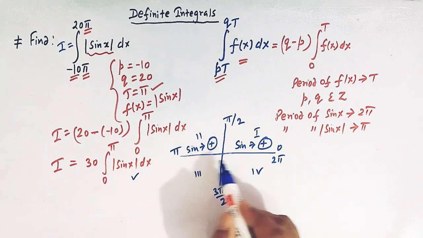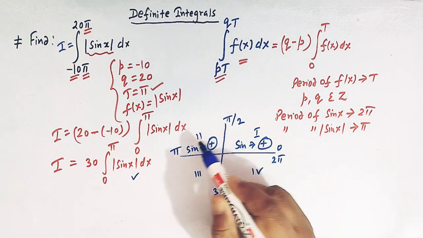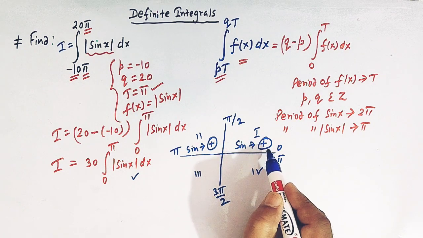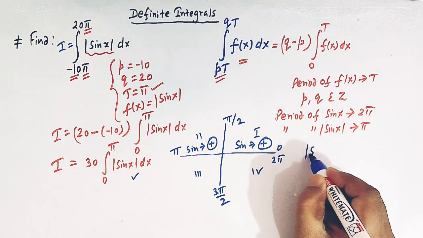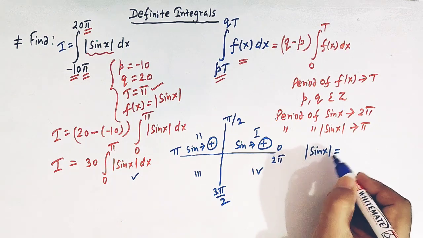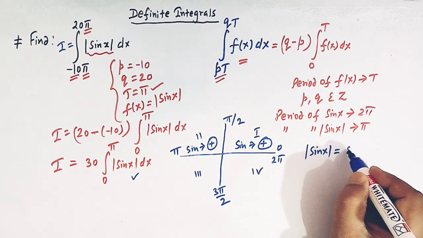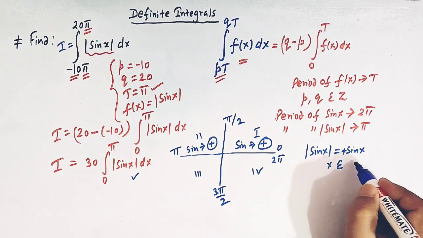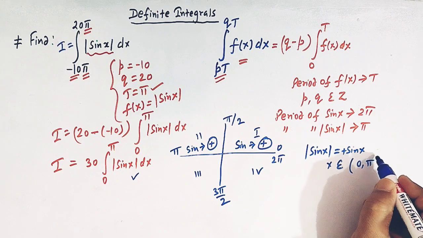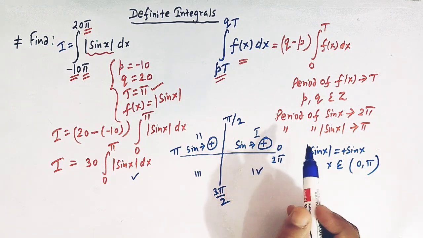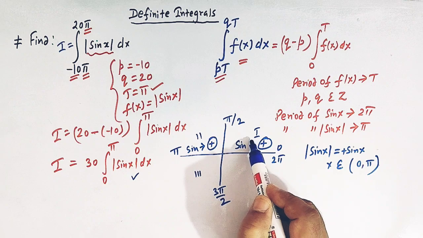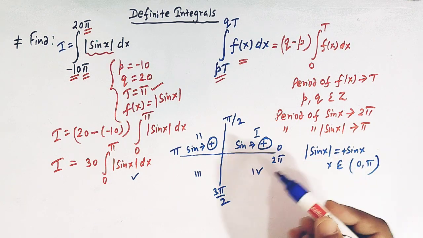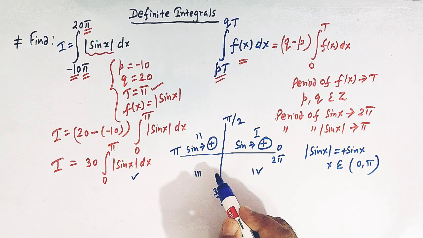So when we go from 0 to pi, the sine function remains positive. So mod of sine x can be directly written as simply sine x when x belongs to the interval 0 to pi. As long as x remains in the first and second quadrant, sine x is positive.